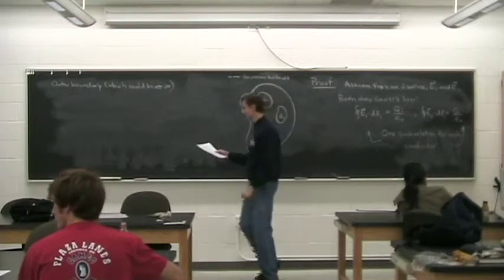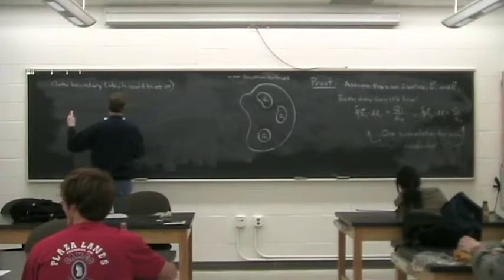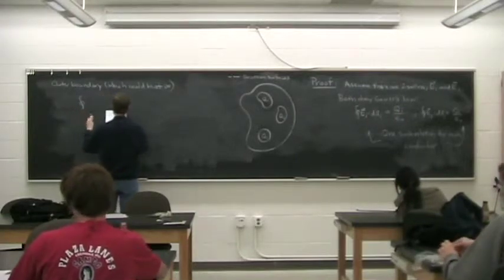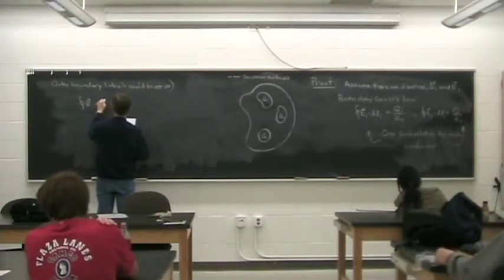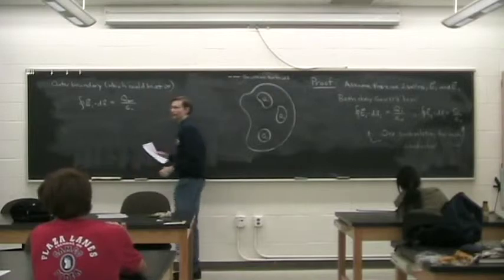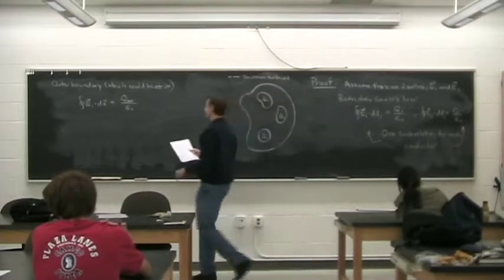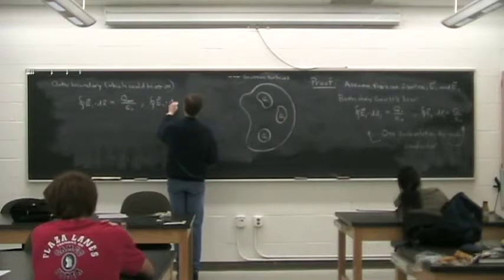For the outer boundary, since the surface at infinity acts like an equipotential as we just argued, whatever the outer boundary may be, the integral of E1 dot dA on that outer boundary must be the total charge on all the conductors added together divided by epsilon naught, because that surface bounds all the conductors and the charges on them. And of course, same deal for the flux of E2 through the outer boundary.